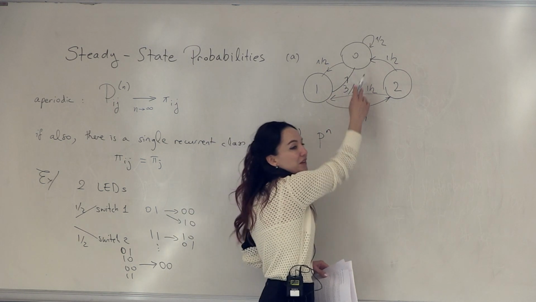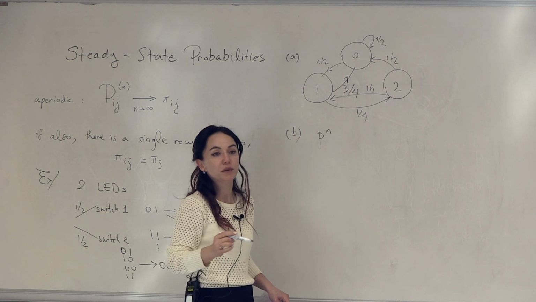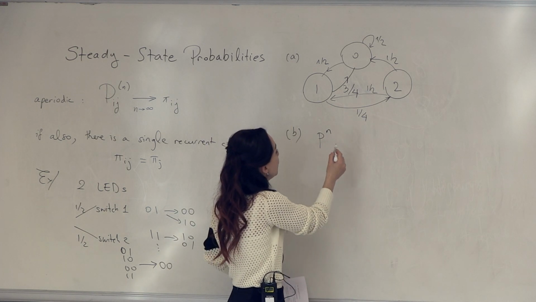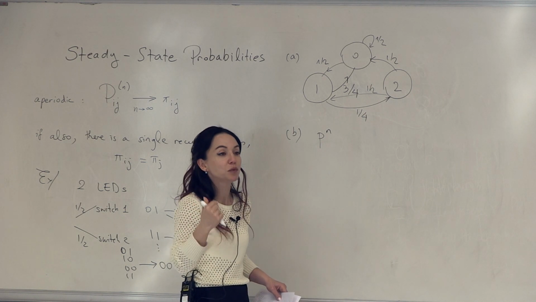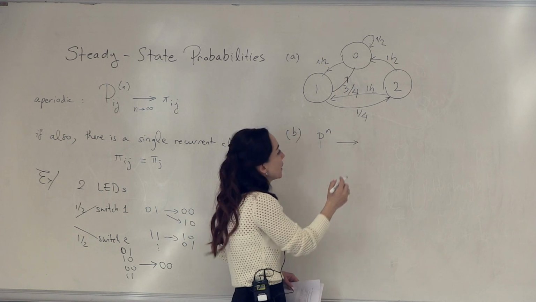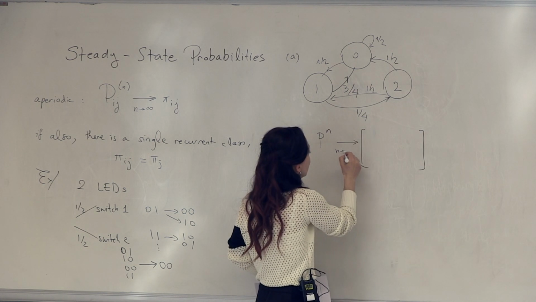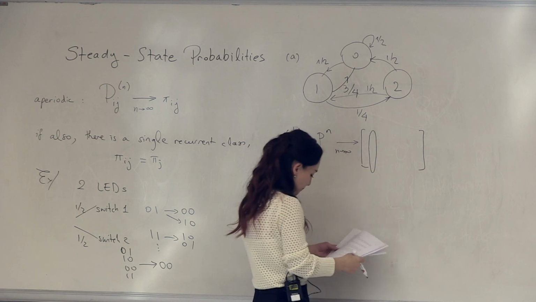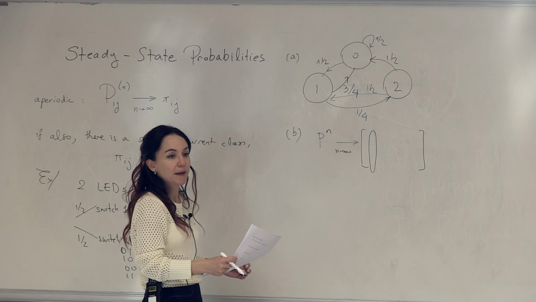There's a self-transition. Very nice, Eren. That self-transition guarantees that all the states have period 1, so it is not periodic. And it's a single recurrent class. Therefore, based on our previous observations, we expect the P to the n matrix to converge to a matrix that has columns that are what?